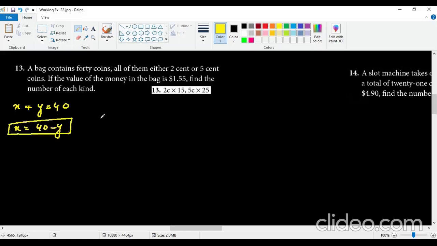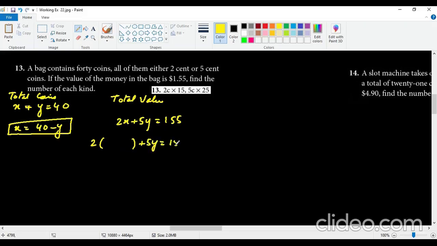This is total coins and the total value. So for total value, what we can do is, this says that 2x plus 5y equals 155 cents. In here, I will replace the value of x, that means 2 bracket, which is the value of x, plus 5y equals 155. The value of x is 40 minus y.